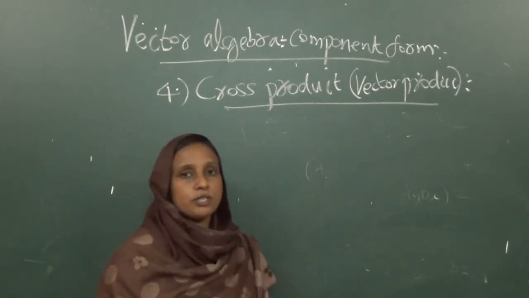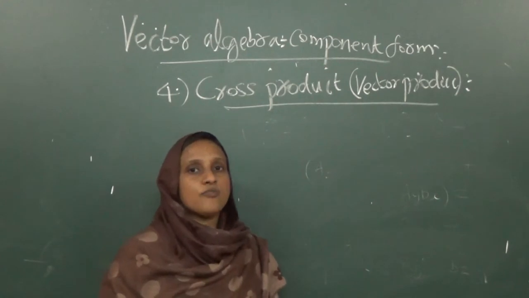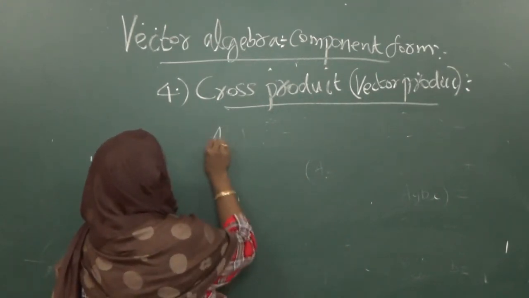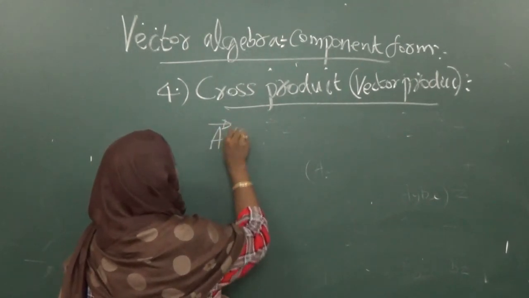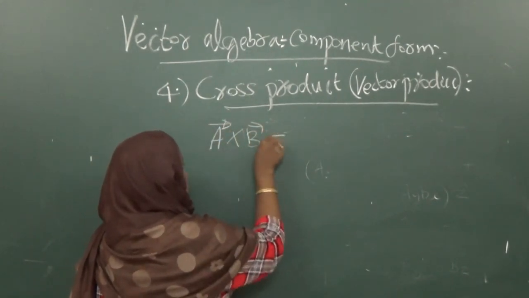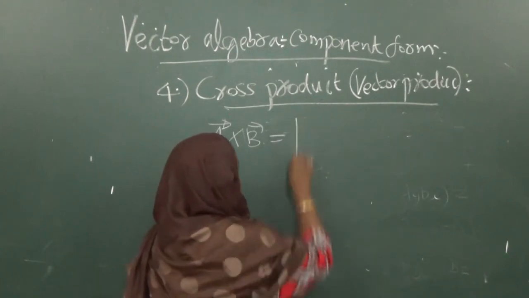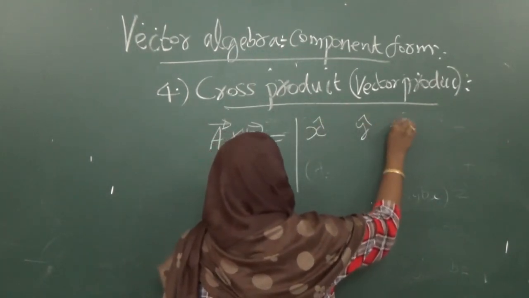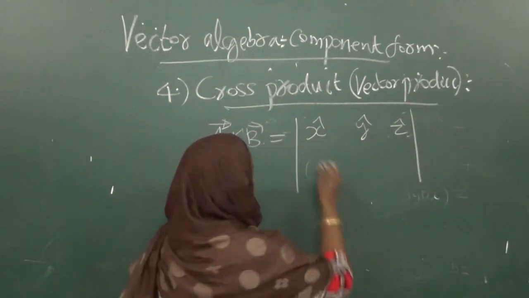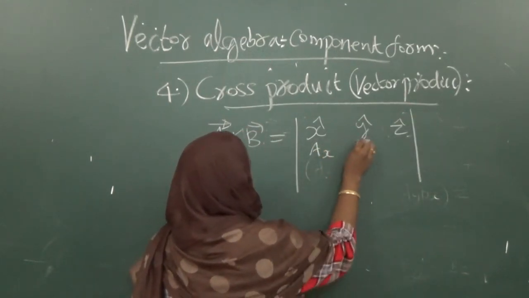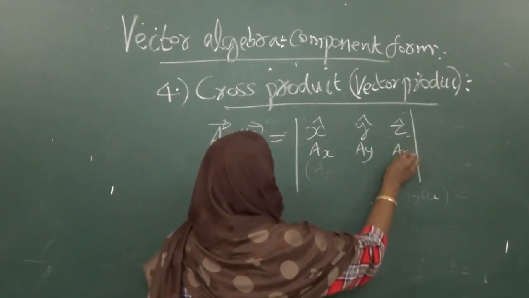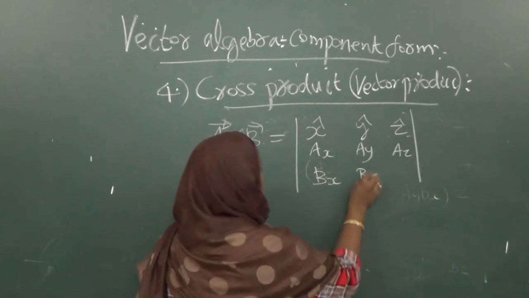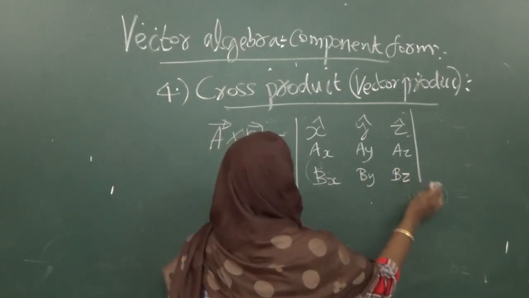In order to find out the vector product, we can write it in the form of a determinant. That means vector A cross B equal to the determinant of x cap, y cap, z cap, Ax, Ay, Az, Bx, By, Bz.